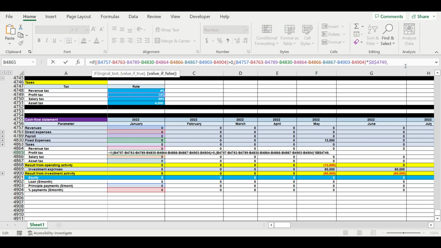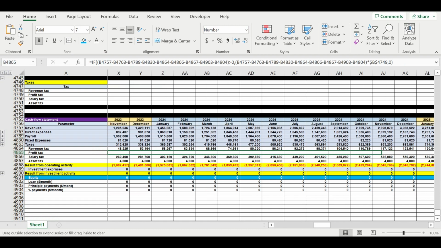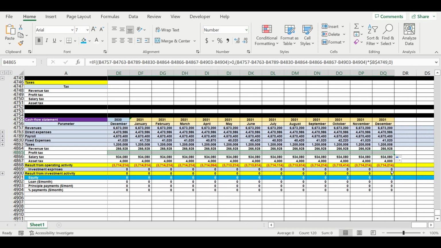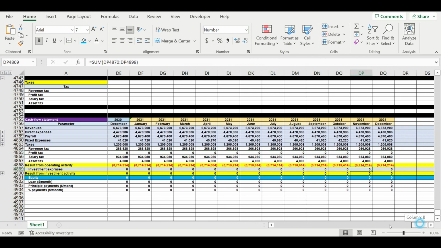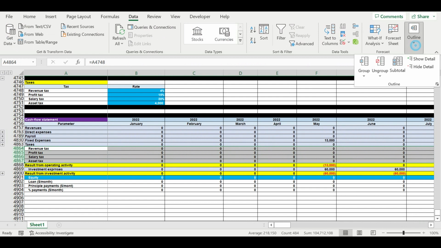Otherwise we put a 0 here, and we are closing brackets. Now I will extrapolate this formula to the right. Now we can also group these taxes, data group.